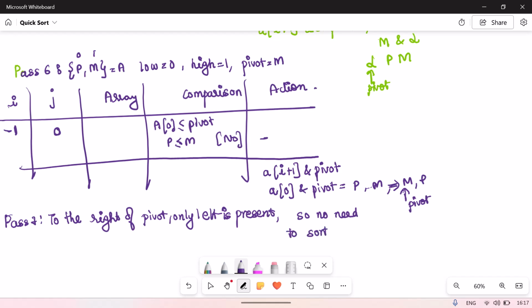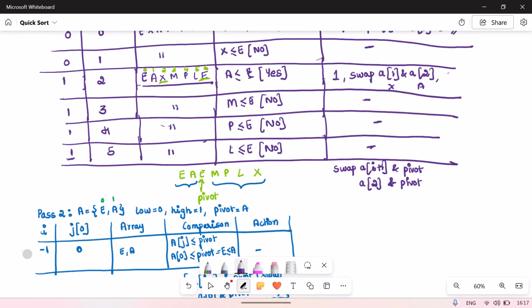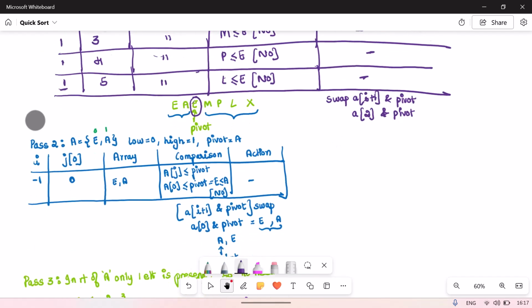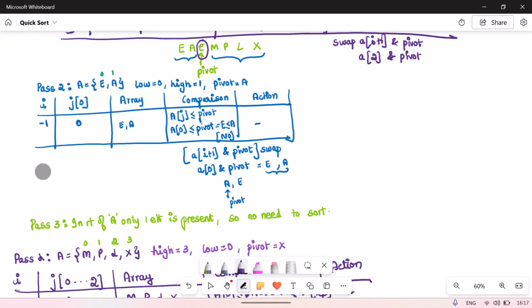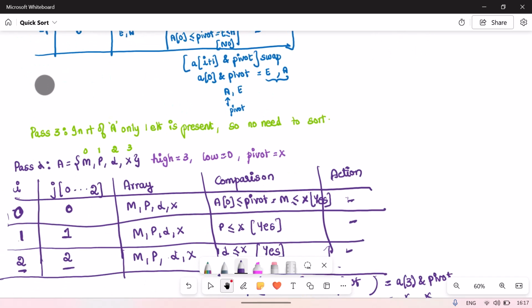Okay. See, initially, so we'll start from here. So initially, we got E. Then we got A. See, E was the middle element. Then we got A and then we got E here. Then we got MPLX.